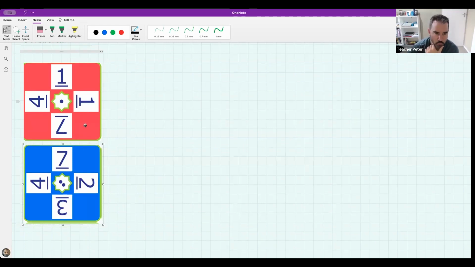Okay, can we make 24 using the red or the blue card? Who feels like they've got the power to do it?